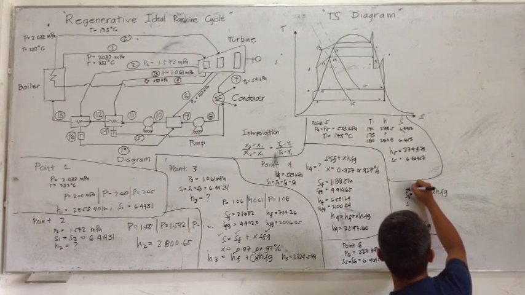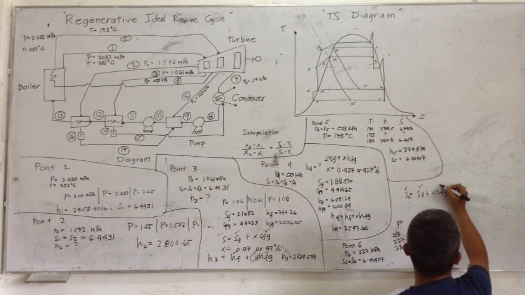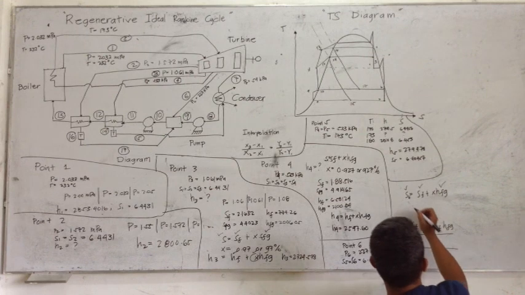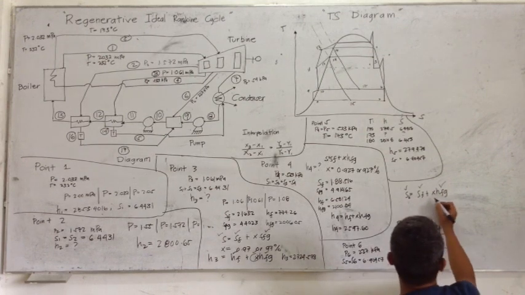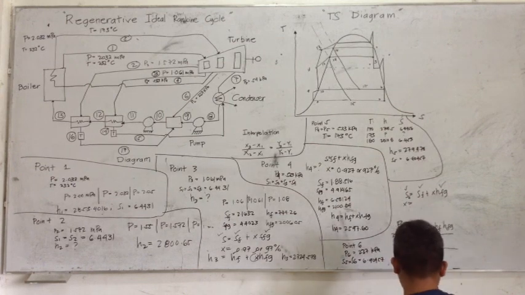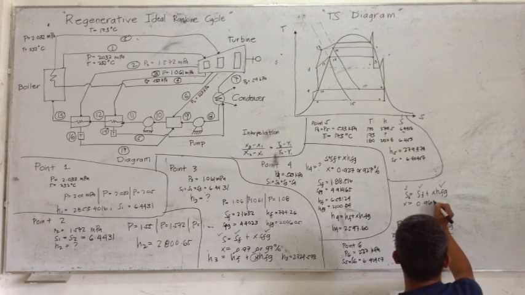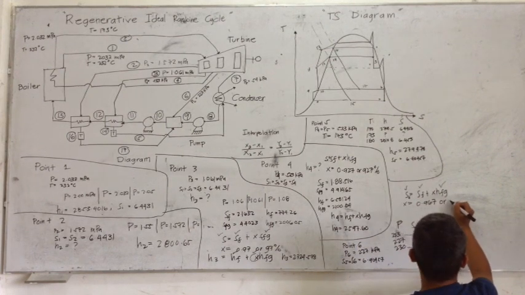S, SF and HFG are already given. Directly substituting in our formula, we get a quality of X which is 0.967, or 96%.